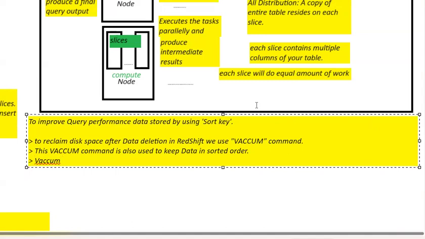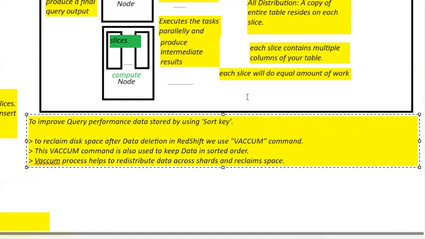So whatever space was created due to data deletion will be reclaimed by this vacuum command, and your data is again redistributed and kept in sorted order.